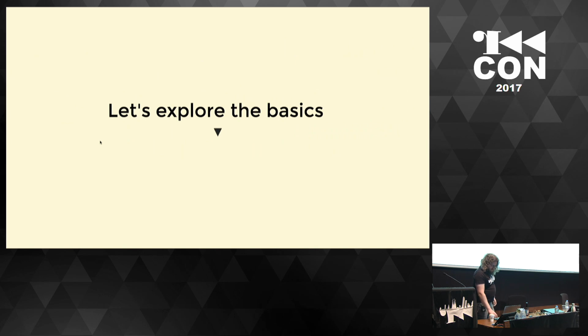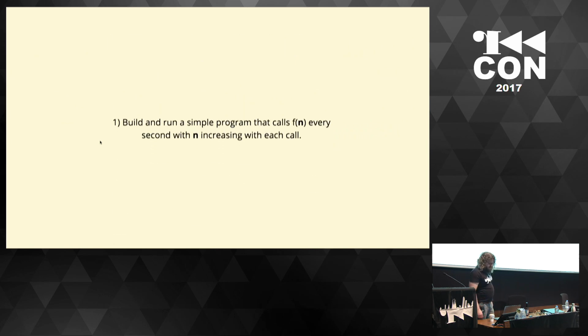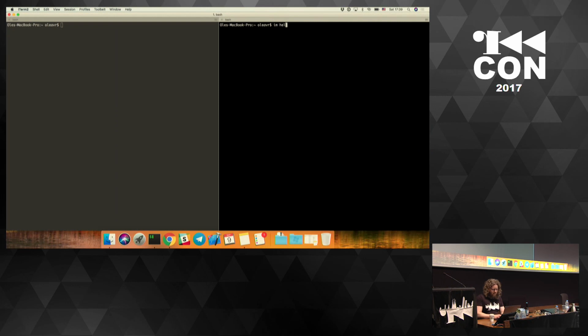So let's just dive straight into the code. For the sake of keeping things simple, we're just going to start by writing a tiny program. We'll have our main function, and we're going to have an infinite loop.